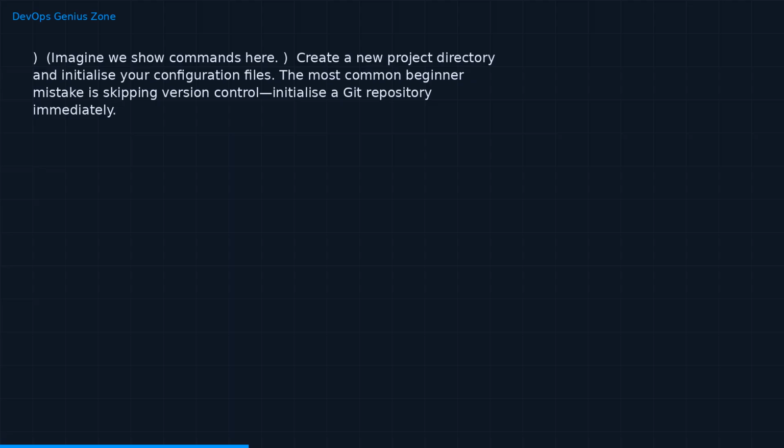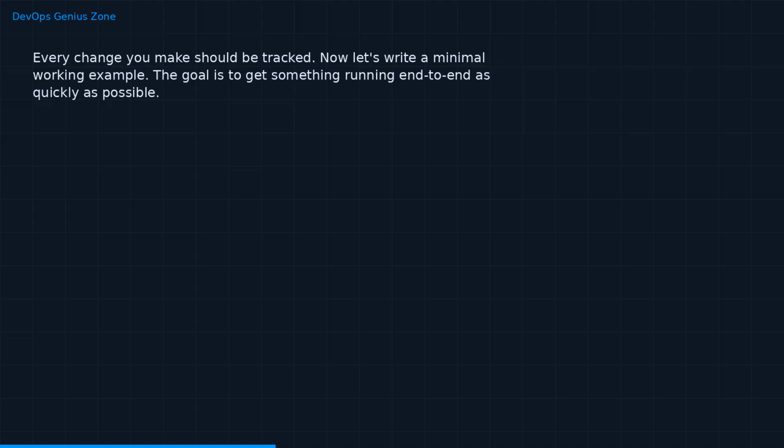This reconciliation loop runs continuously, meaning any drift from the desired state is automatically corrected. Understanding this loop is the secret to debugging. When something goes wrong, you ask, what is the desired state? What is the current state? Why are they different? That simple mental framework will help you diagnose issues faster than any checklist.